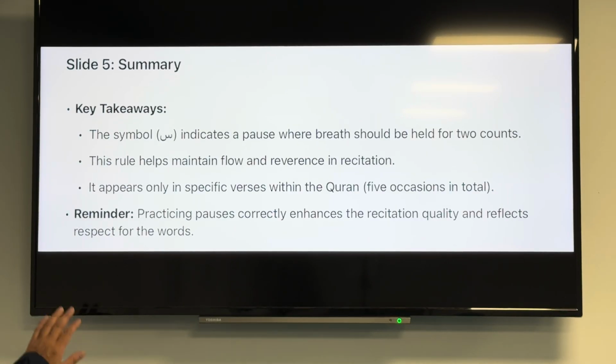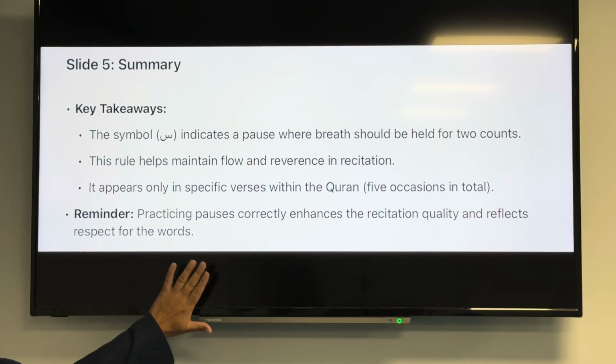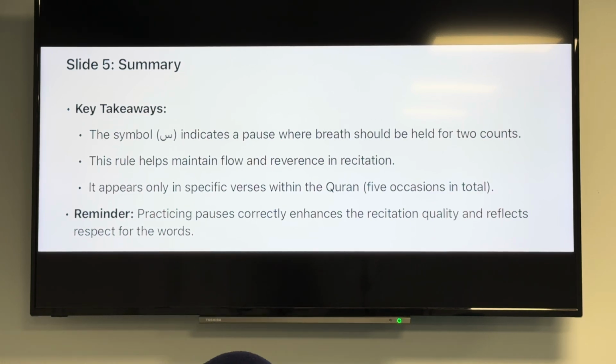So what he's saying is that respect for the letters means that by doing the pause symbol, you are doing the right thing in terms of Tajweed, the rules of the Quran, and you are reading correctly, inshallah. So brothers, very important, practice this from time to time, inshallah, and we could try to get good at it, inshallah.